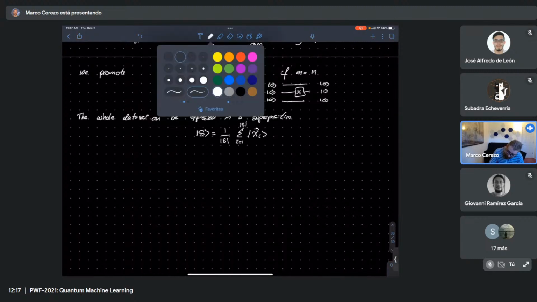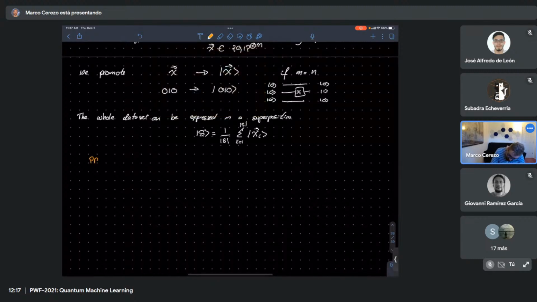So this method has some advantages. It's easy to implement, but it also has some disadvantages. For instance, it is extremely wasteful, because we're assigning one qubit to every bit, and we already know that one qubit can contain more information than just a single bit. In addition, we have probably the largest problem: quantum mechanics is linear.